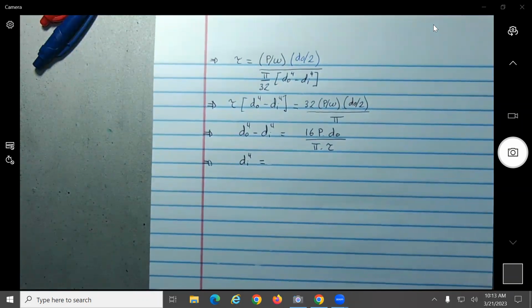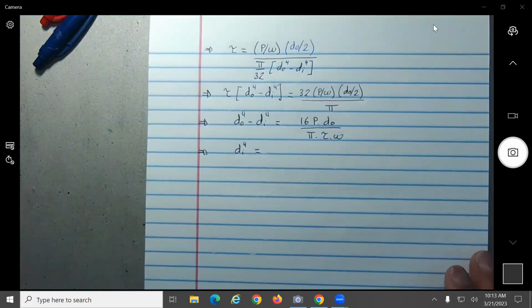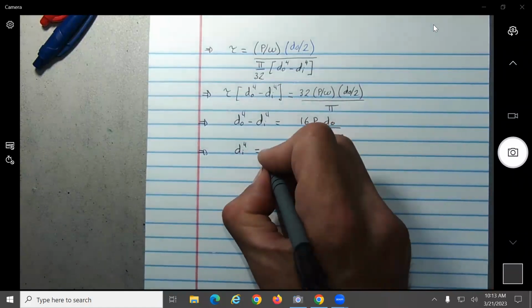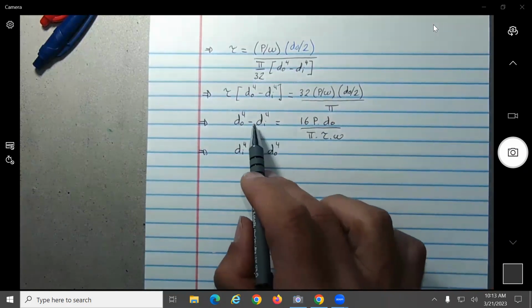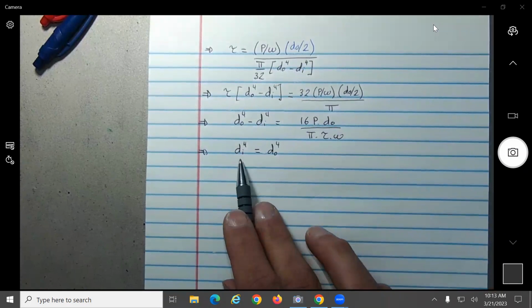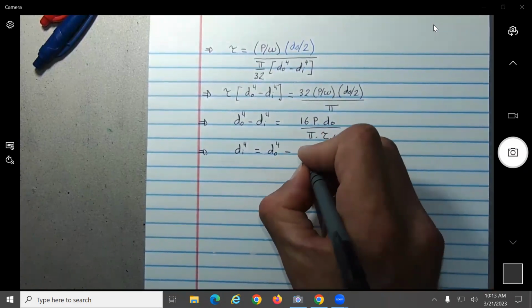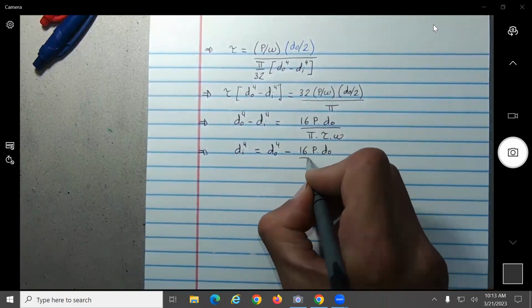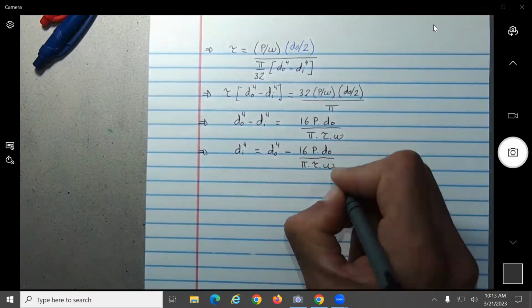I forgot the omega. So I'm first moving this one to this side, and then I move this one to the other side. The inside will be equal to what? D outside minus 16 P D outside divided by pi tau omega.